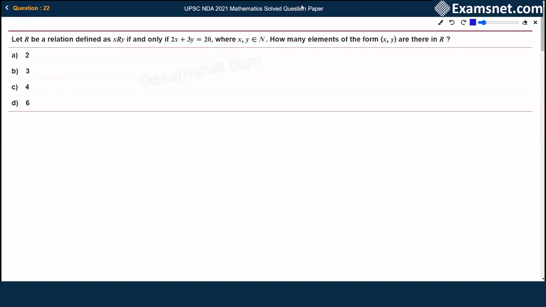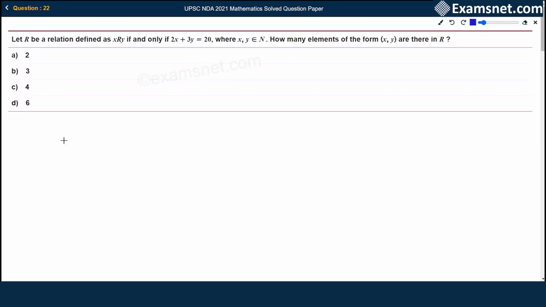In question number 22, it is given that let R be a relation defined as xRy if and only if 2x plus 3y equals 20, where x, y belong to the natural number set N. How many elements of the form x comma y are there in R?